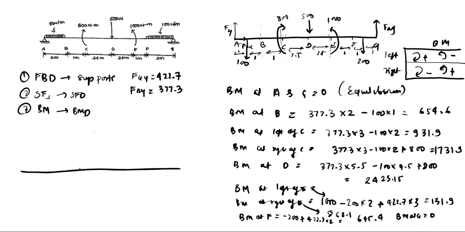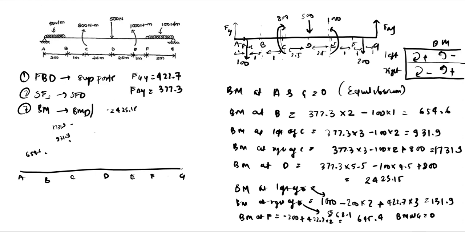We have this A, B, C, D, E, F, and G. At A, we have 0 bending moment. At B, we have 654.6. And at left of C, we have 931.9. Right of C, it becomes 1731.9. Bending moment at D is 2425.15.